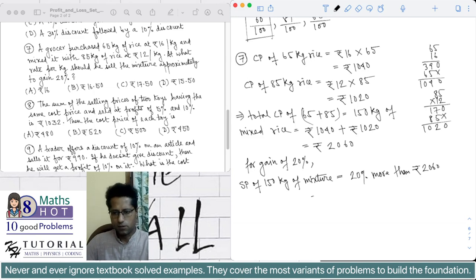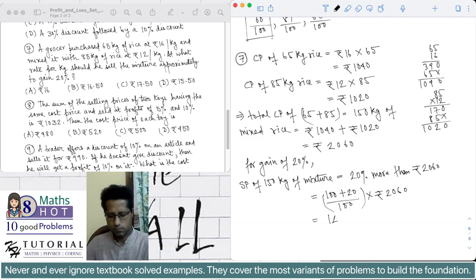2060. This is equal to 100 plus 20 divided by 100 multiplied by rupees 2060. This is equal to 120 by 100 multiplied by rupees 2060. 0 cancels out.